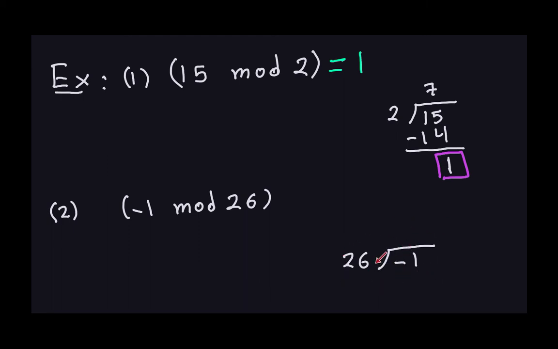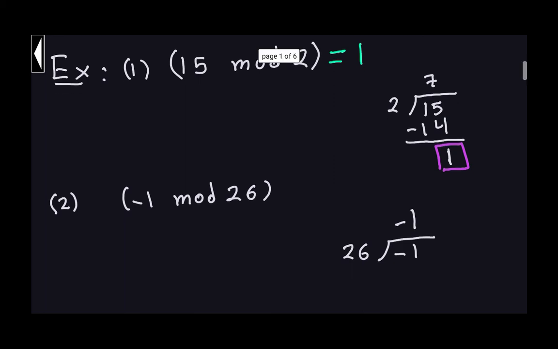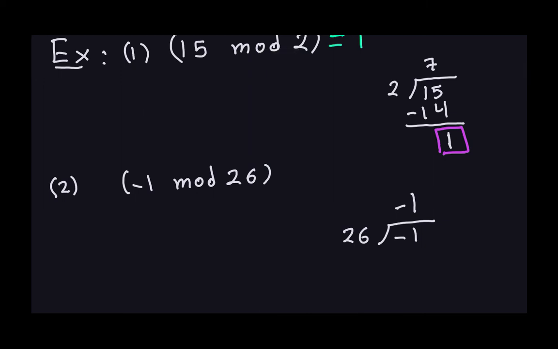Now remember, this was one of the examples we did a while ago when we were discussing the division algorithm. 26 into -1 goes -1 times. If you don't remember how that was done, go back to the video on the division algorithm and see how we got that number. Then -1 times 26 will be -26, but I have to subtract it from the -1.